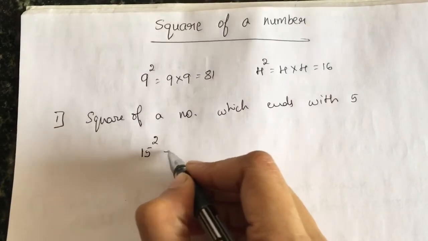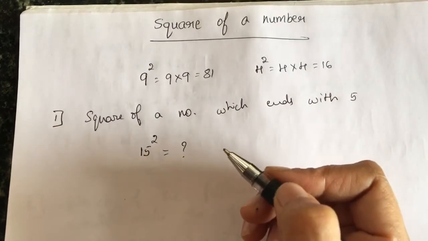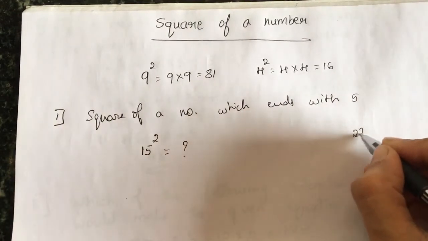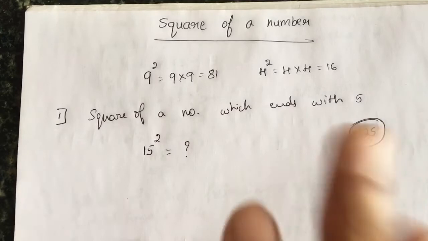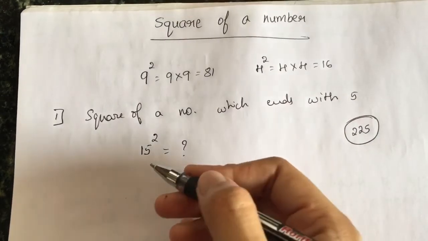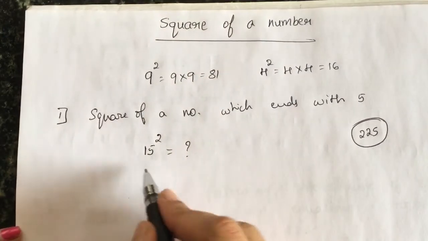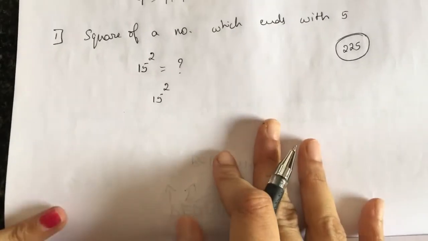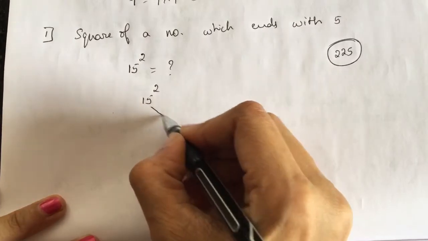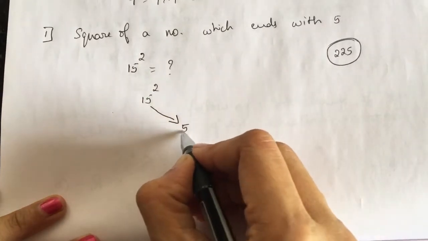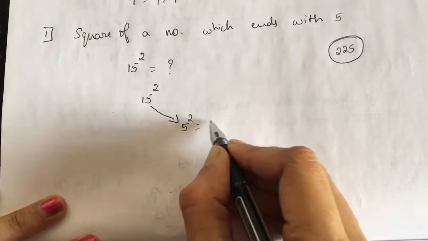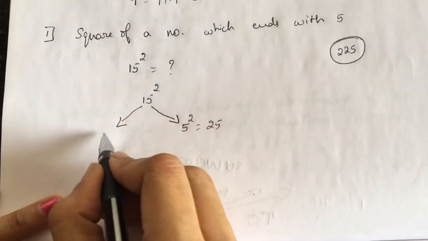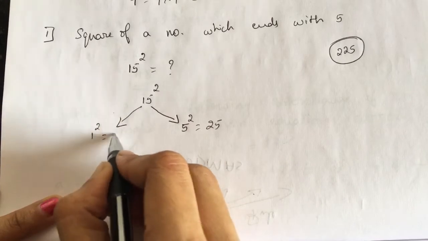Suppose you want to calculate 15 square. We know it anyway because we know the table, so it's 225. We know the answer in this case, but I'll tell you how to do it. What you do is you square the last digit first, that is 25, and square the first digit, that's 1 square, it is 1.